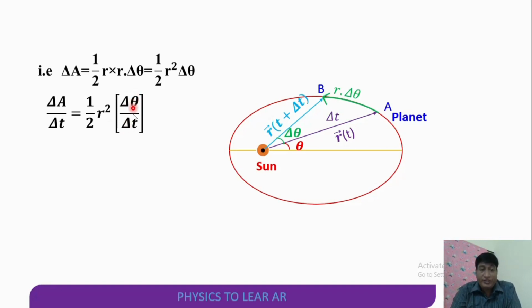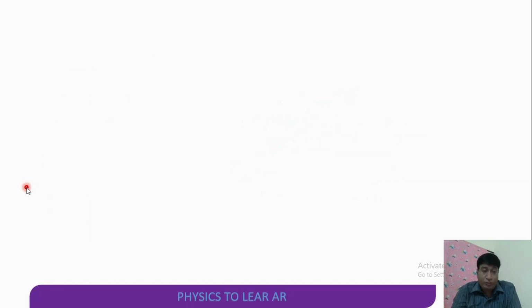You have learned that angular velocity is the rate of change of angular displacement, delta theta by delta t, which we write as omega. So in calculation, delta A by delta t is equal to half into r square into omega. But we have to write it in terms of angular momentum.